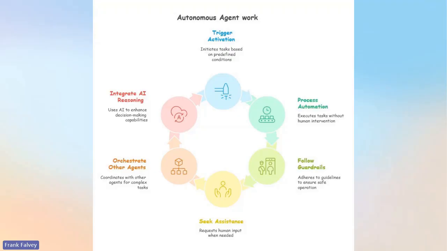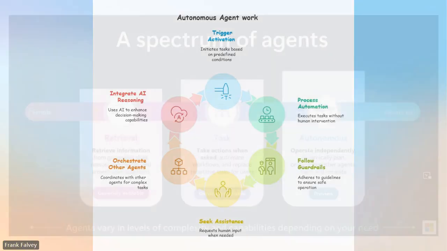So the basis of all these autonomous agents at work is to have less human intervention and have them work as a flow without any interruptions. So that's an example there of an HR autonomous agent at work.